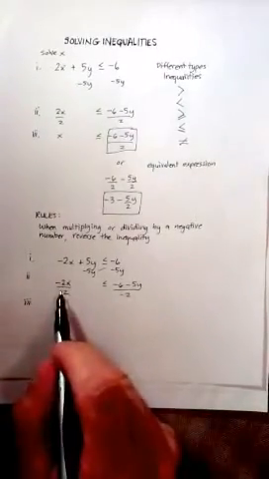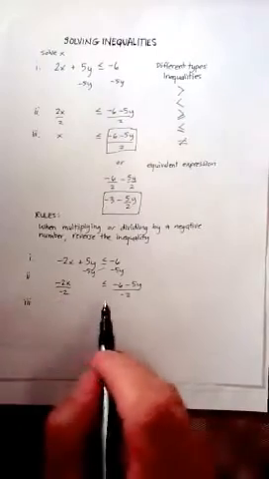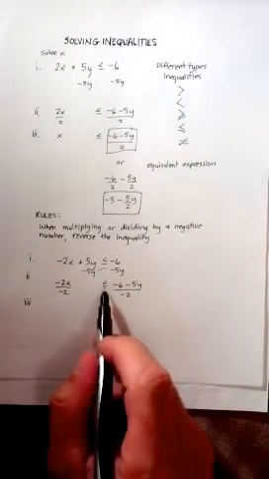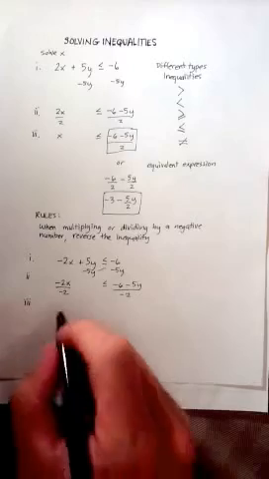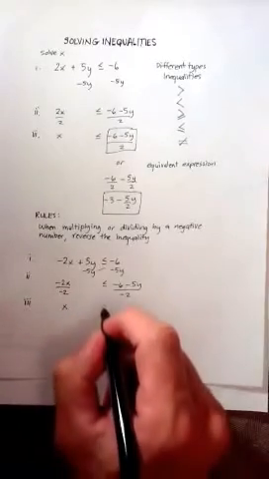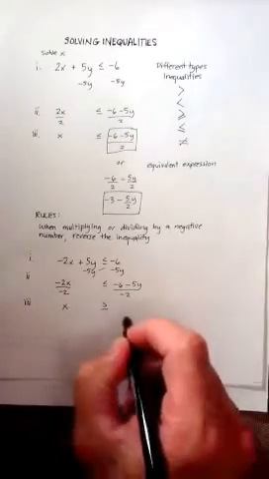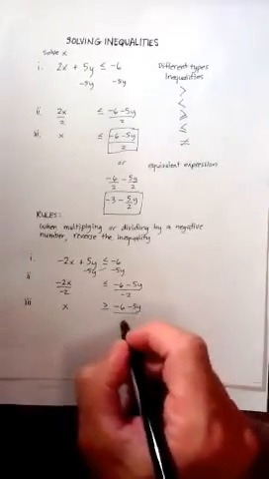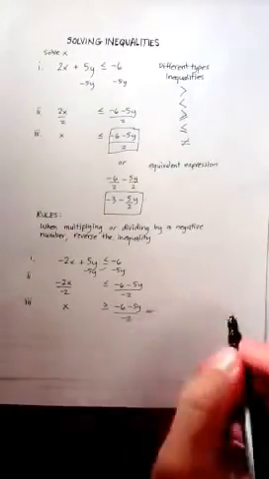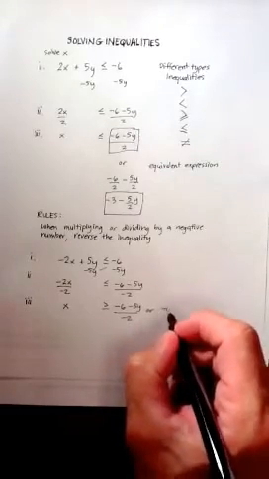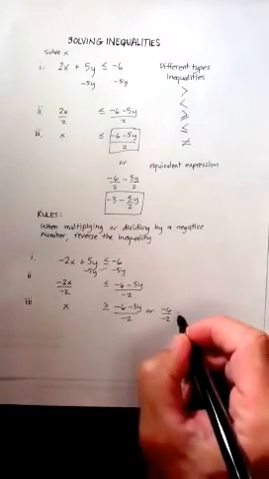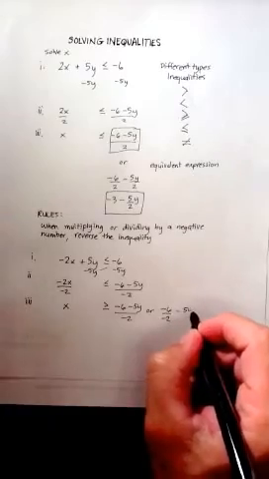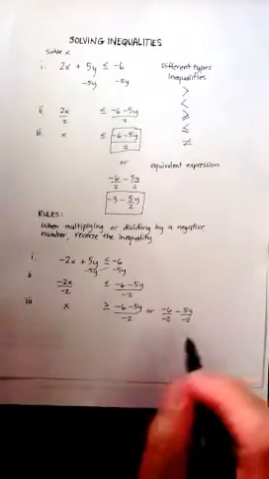I can cross out the negative 2 over negative 2, but that changes the direction of the sign because I divided by a negative number. So now I have x is greater than or equal to negative 6 minus 5y all over negative 2, or the equivalent expression would be negative 6 over negative 2 minus 5y over negative 2.